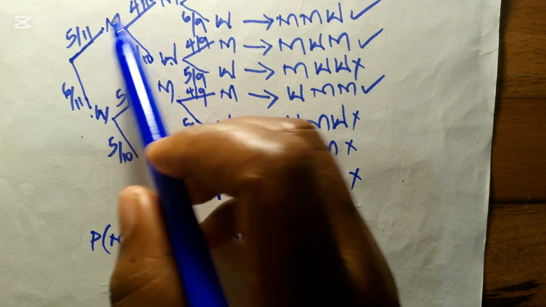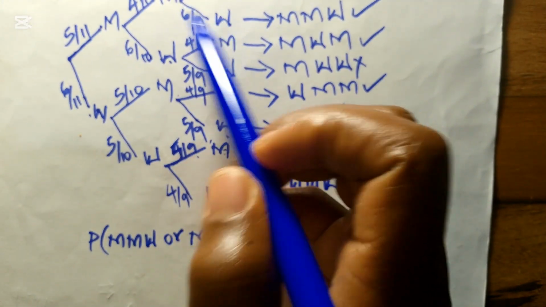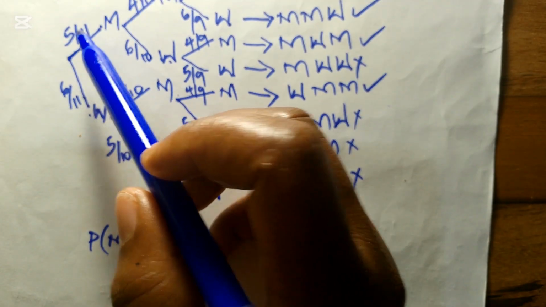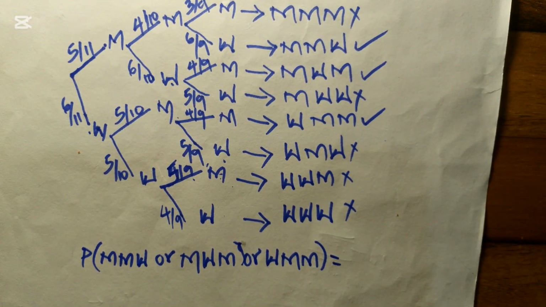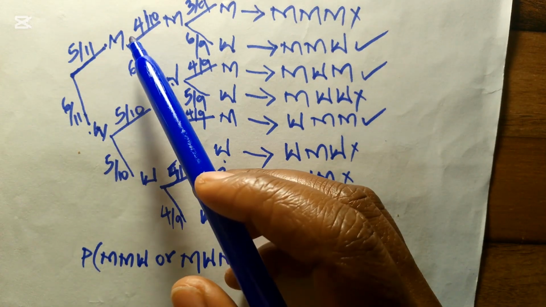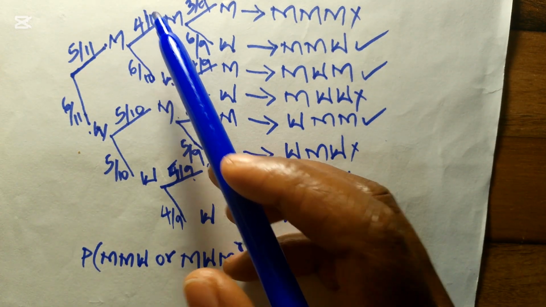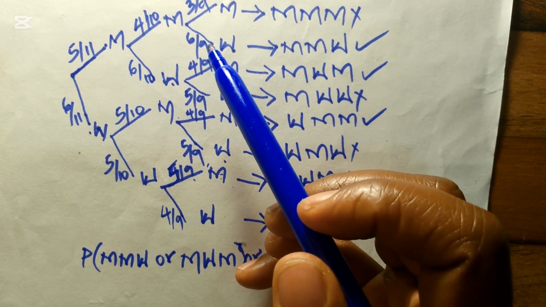a man, and a woman will be 5/11. Let me focus. 5/11 times 4/10 times 6/9.